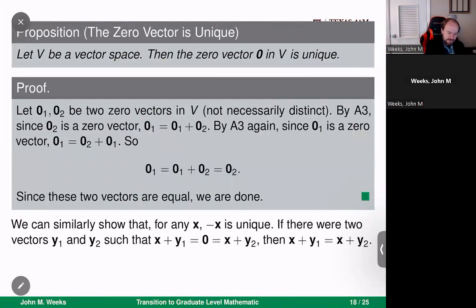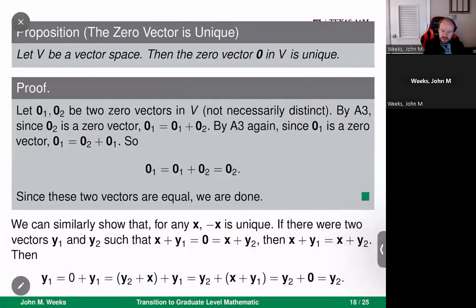Namely, that whenever I add y₁ and y₂ to x, they should both give me 0. That's because both of these are sharing the negative x property, the negative x property being that x plus negative x equals 0. y₁ is the negative x in this case, as is y₂. We're assuming that there are two negative x's, and we're going to show that we're holding on to the same thing as we go through and prove that. So that's what we're doing here.